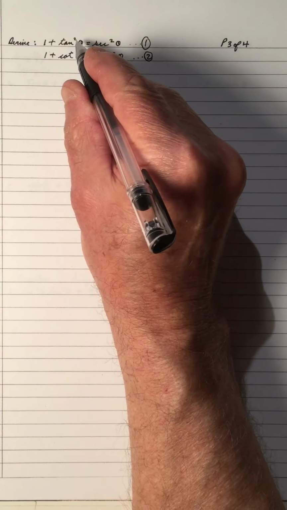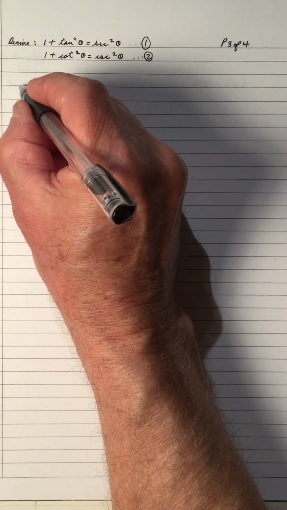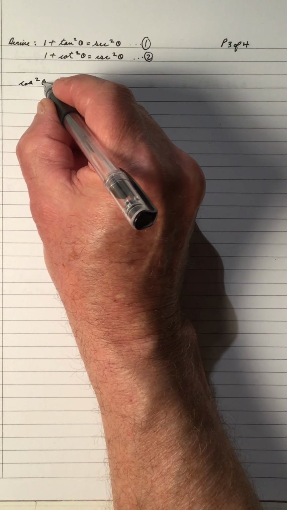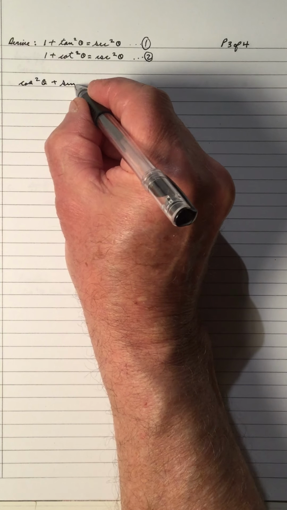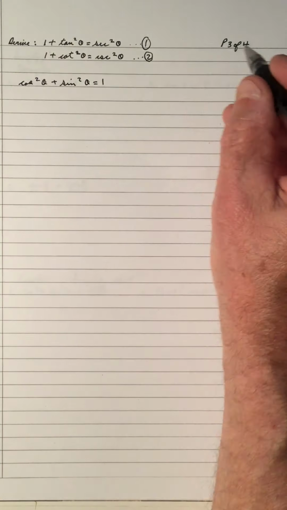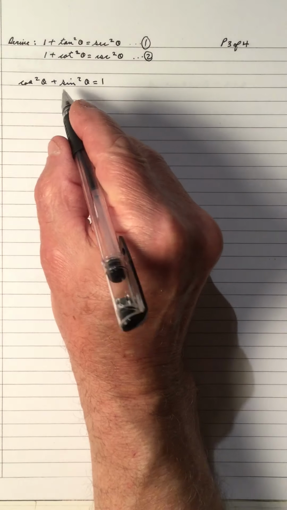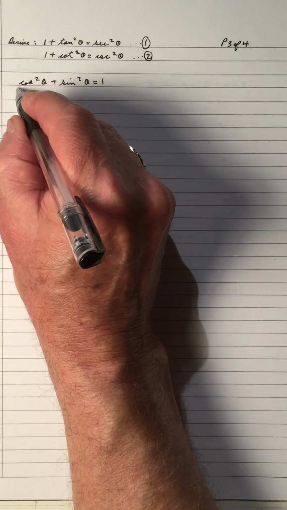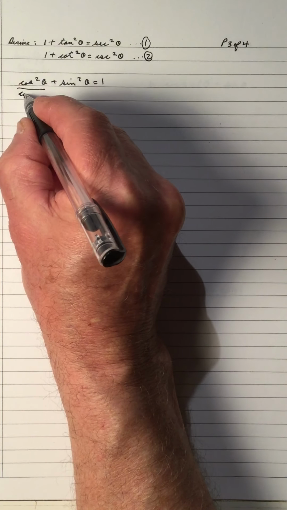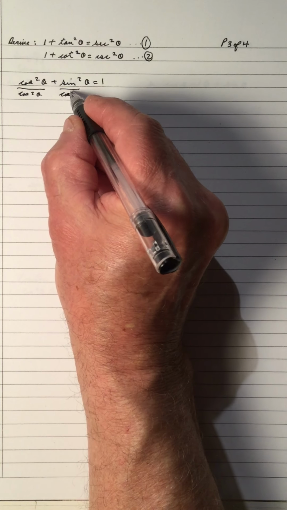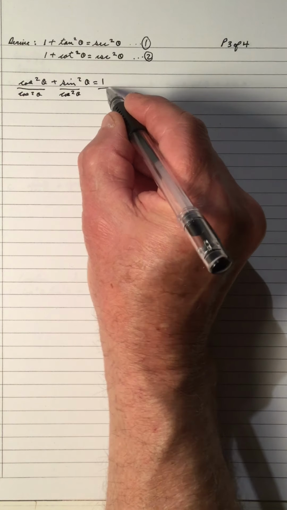So if we take the fundamental cos squared theta plus sine squared theta equals 1, and if we divide both sides by cos squared.